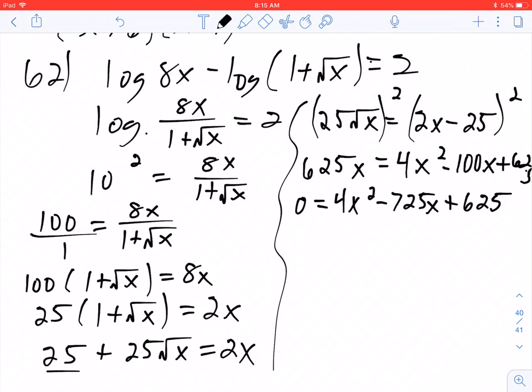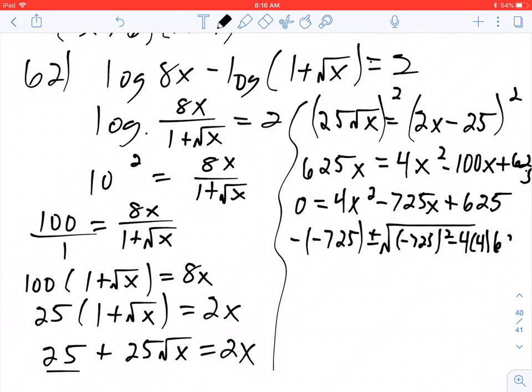You would set that up as negative of negative 725 plus or minus the square root of 725 squared minus 4 times 4 times 625, all of that over 2 times 4.